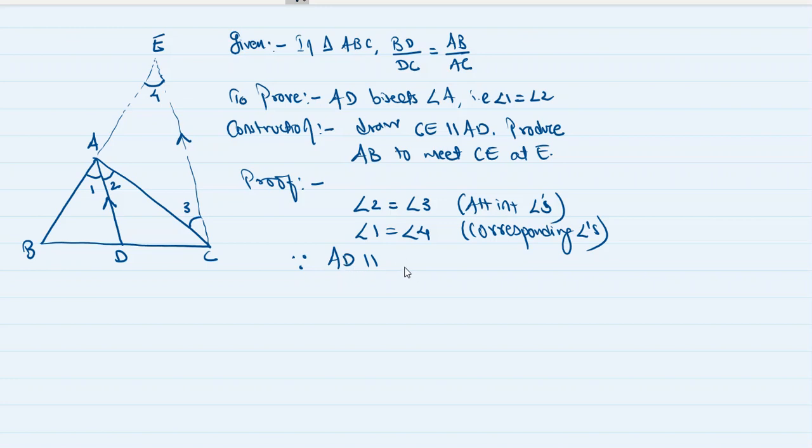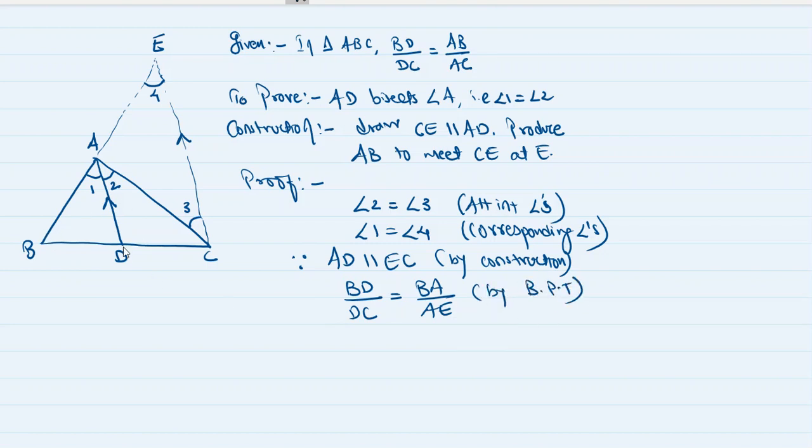Since AD is parallel to EC by construction, we can say that BD upon DC is equal to BA upon AE by BPT.